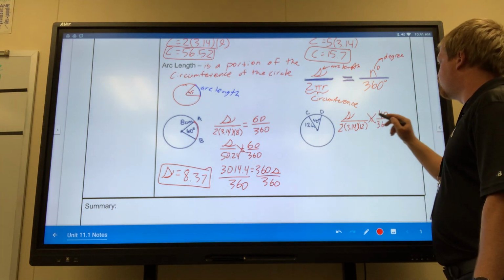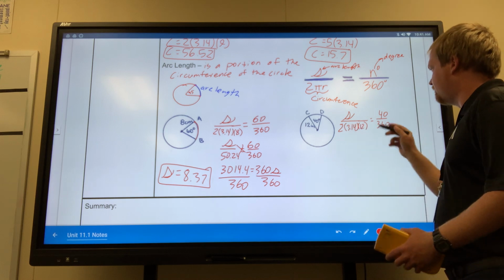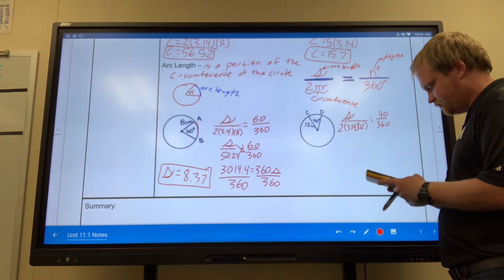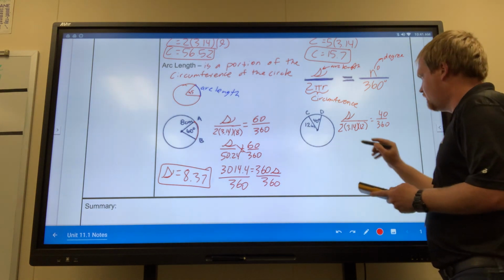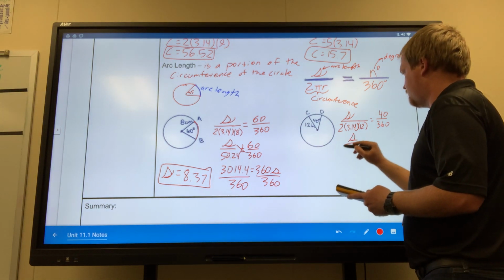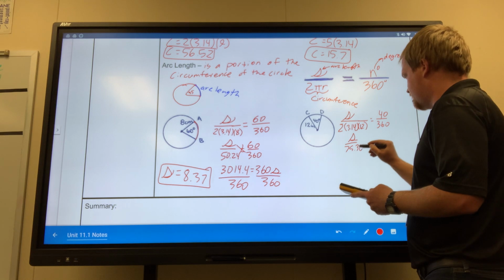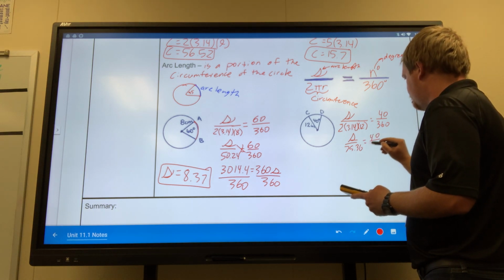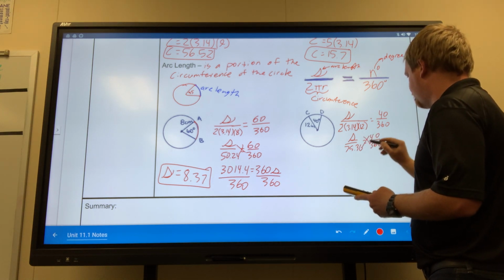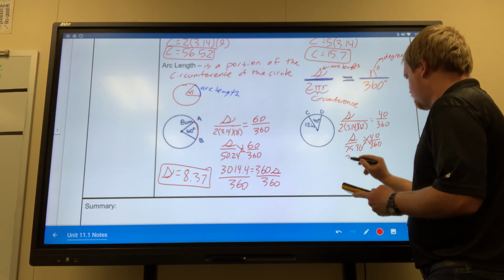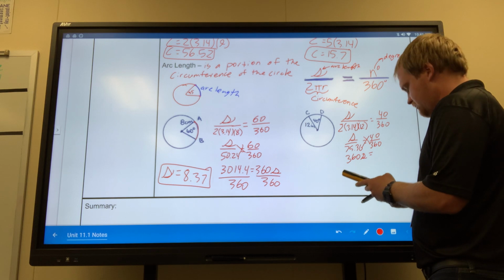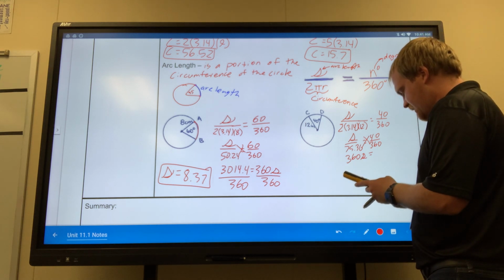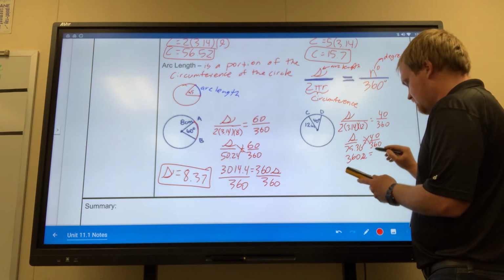So again, I just cross multiply, but first I want to multiply this out. 75.36 equals S over 360 times 40, so cross multiply: 360S equals 40 times 75.36.